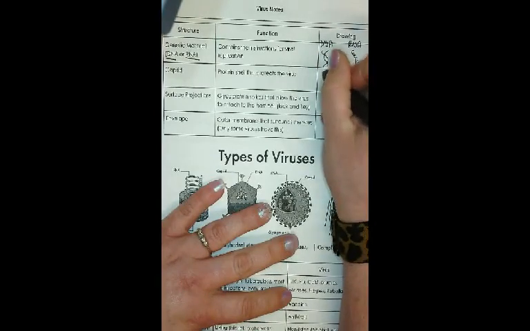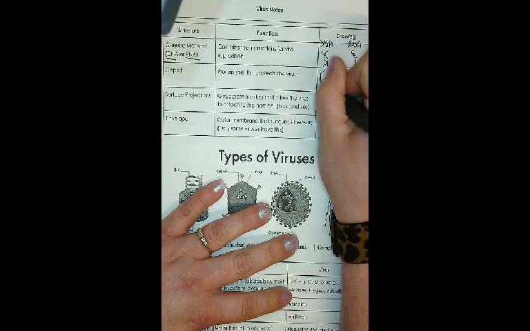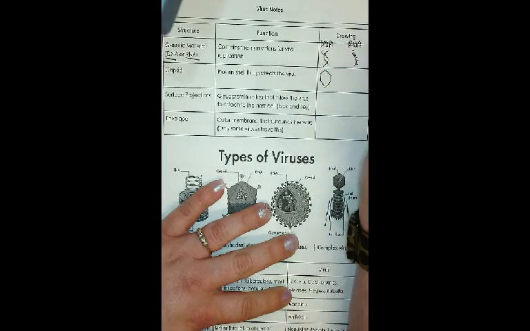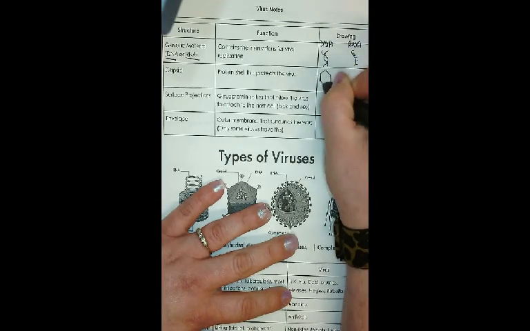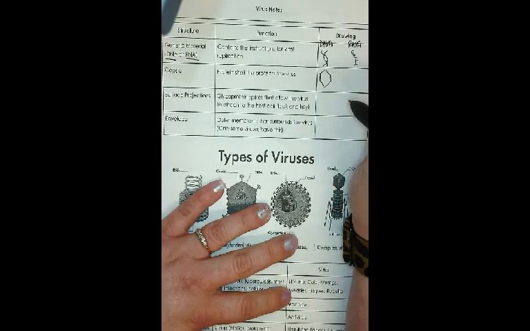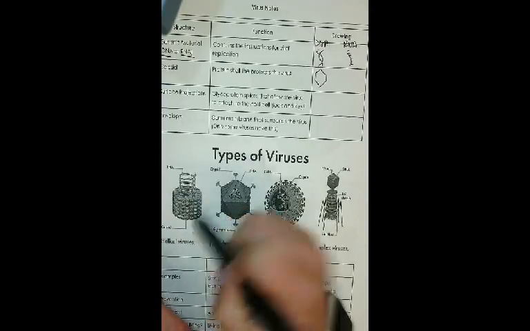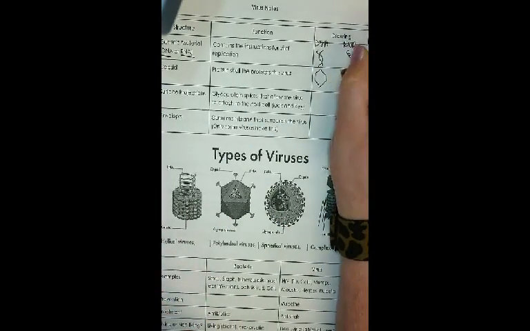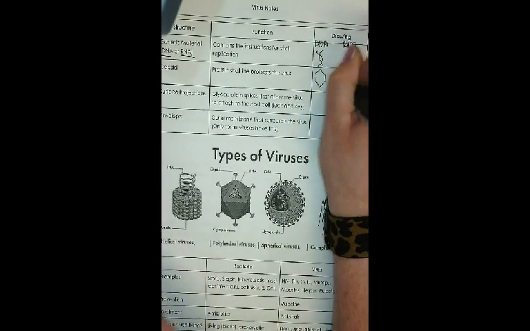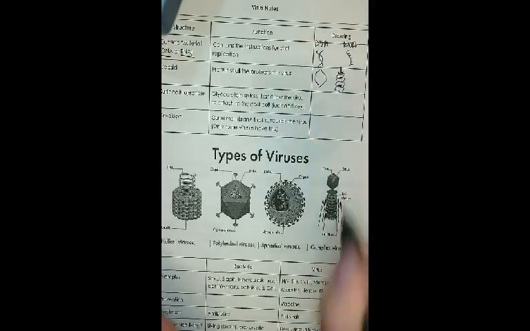It could look like a hexagon: 1, 2, 3, 4, 5, 6. It could also look like this right down here, like a helix. And then inside would be your DNA.